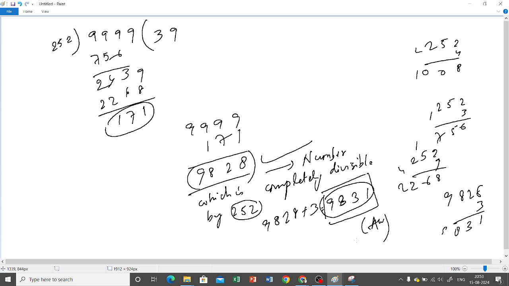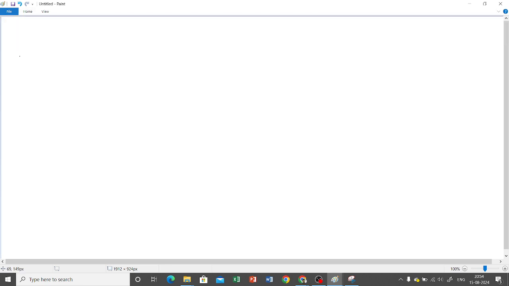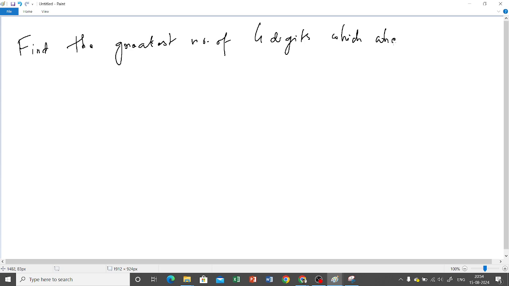Find the greatest number of 4 digits which when divided by 12, 15, 20 and 35 leaves no remainder.